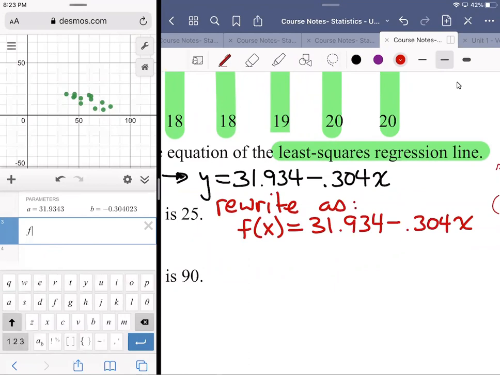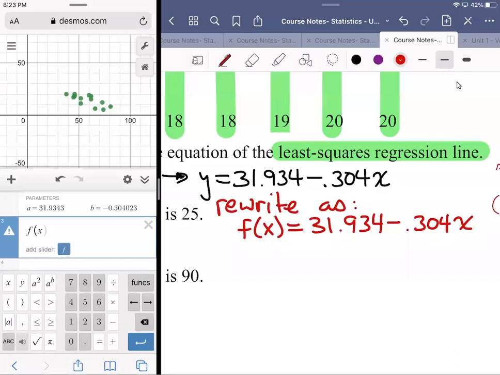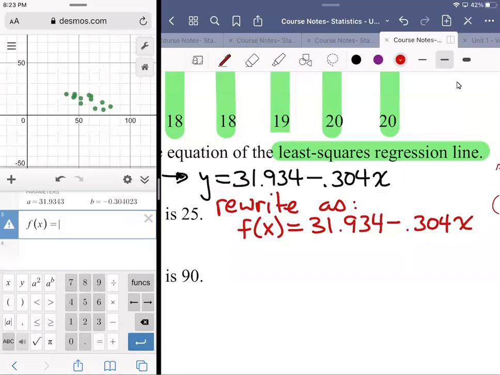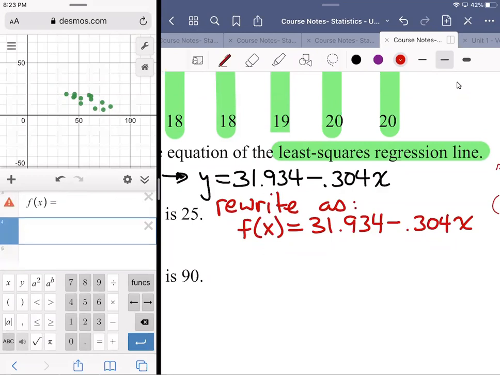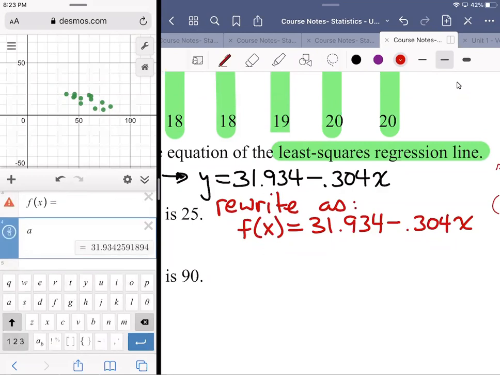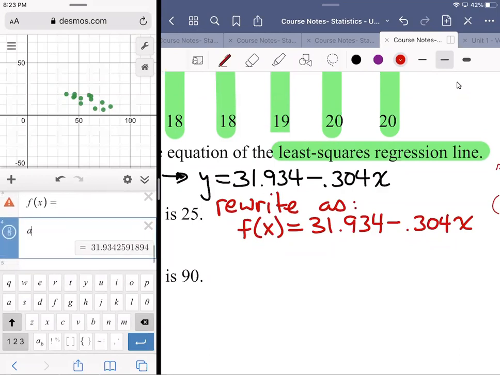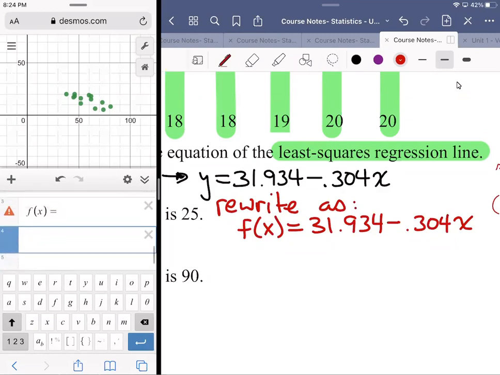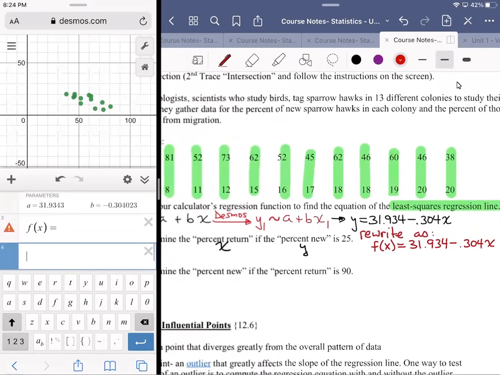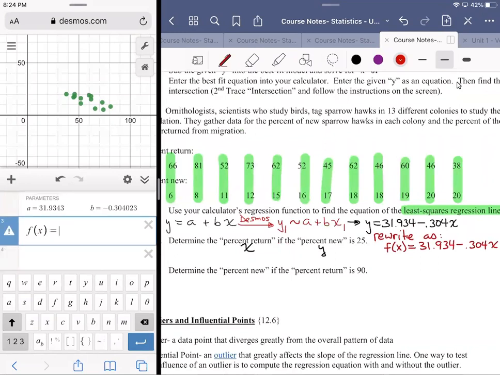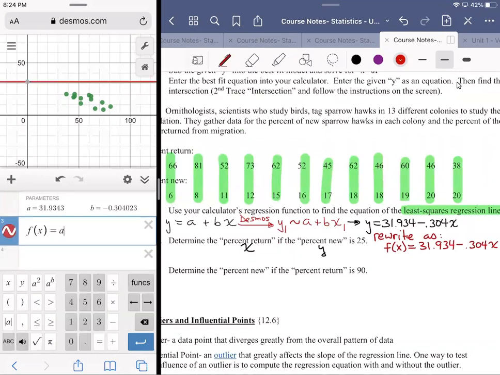If you type in f of x equals, I don't actually have to type in those values because Desmos actually knows that a is the 31 point blah, blah, blah. If you type in the a, it remembers that. It's stored in now. It also remembers that the b is the negative 0.304. So what I could actually do is in Desmos, just type in f of x equals a plus bx.